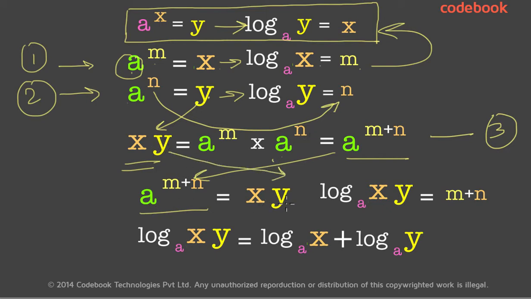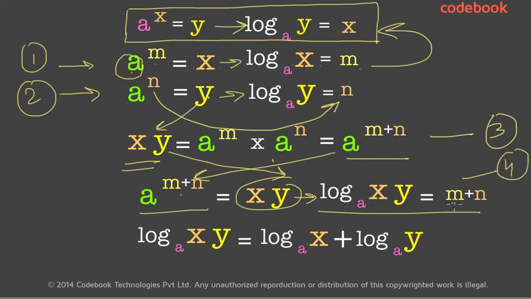Now again, this is in the form of a power x equal to y, where x is equal to m plus n. So this can be represented in logarithms as log xy to the base a is equal to the exponent, which is m plus n. So now let's call this 4.